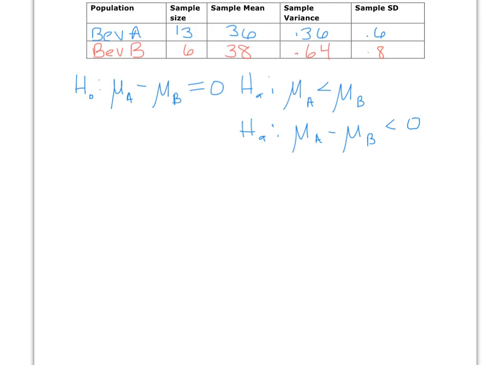Okay, so now we want the test statistic. Our sample sizes are less than 30, and we do not know the population standard deviation. And even if we did and they weren't equal, we would still have to use t.